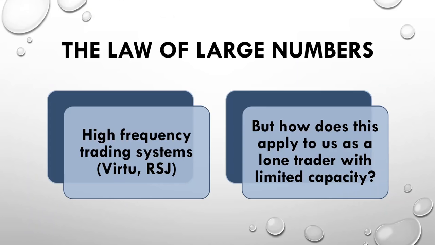So if we're supposed to be trading a lot of times in order for our positive expectancy to come through, then isn't there a bit of a paradox, because we can't trade as many times as a high frequency algorithmic system or a hedge fund?